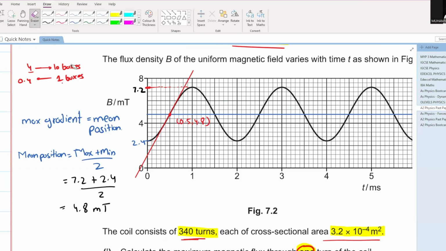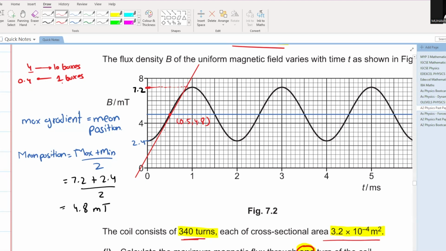What will be your other value? Look, I am trying really hard to draw a tangent here, but there is no literal point we can make it in. This could be a tangent, but yeah, let's make this a tangent. Perfect. 0.5 and 4.8, and what will be the other value?